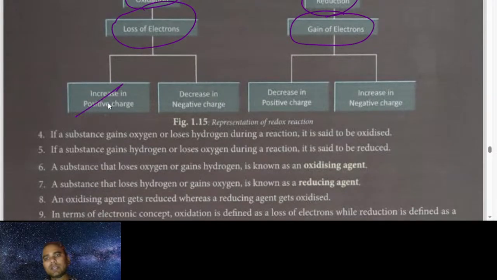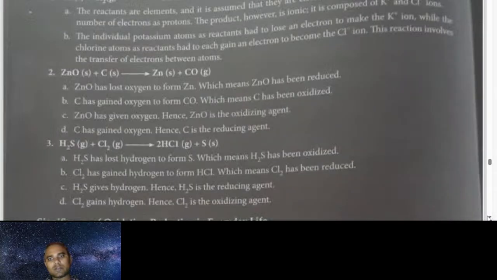Increase in positive charge or decrease in negative charge is oxidation; decrease in positive charge or increase in negative charge is reduction. If a substance gains oxygen and loses hydrogen during the reaction, it is said to be oxidized. Let us try to understand with an example.